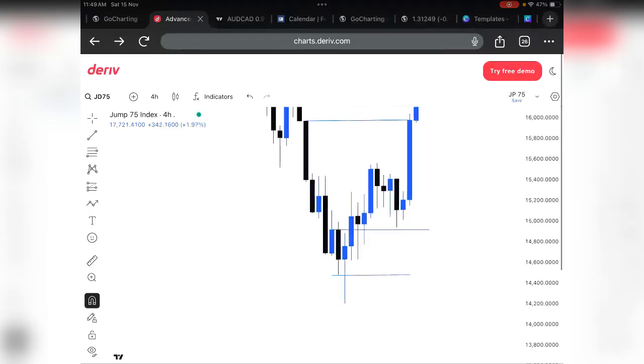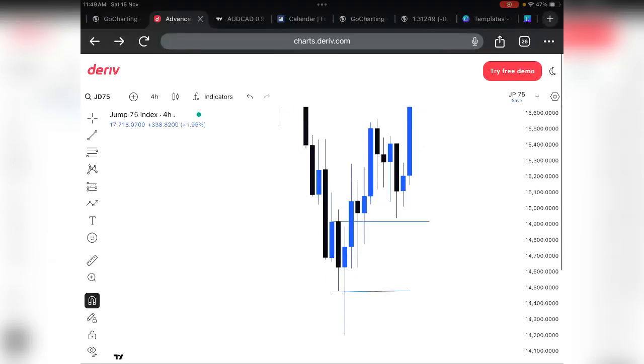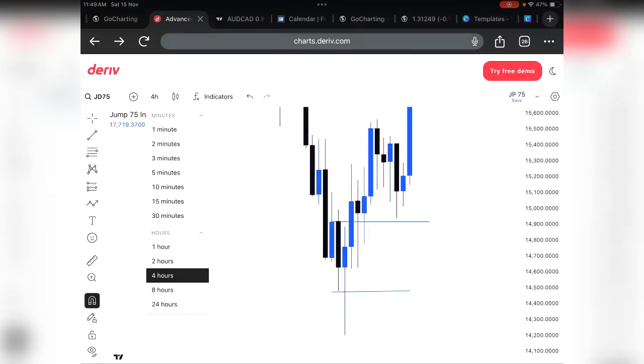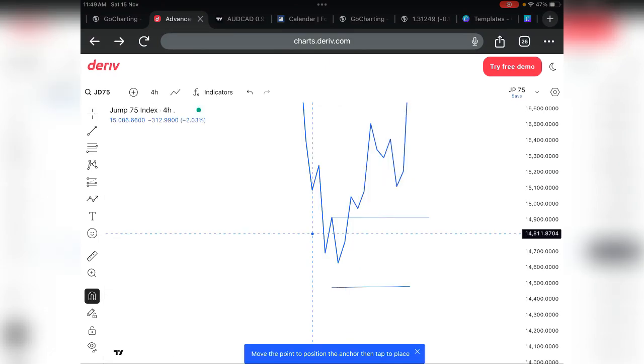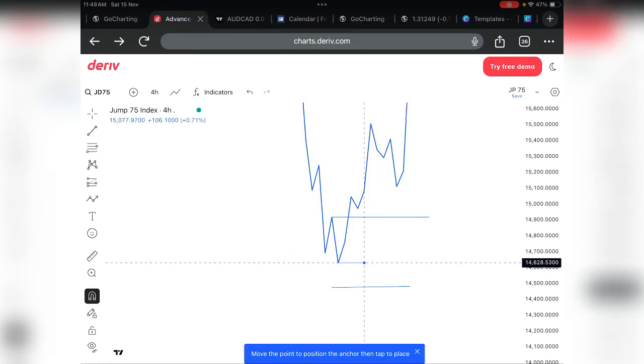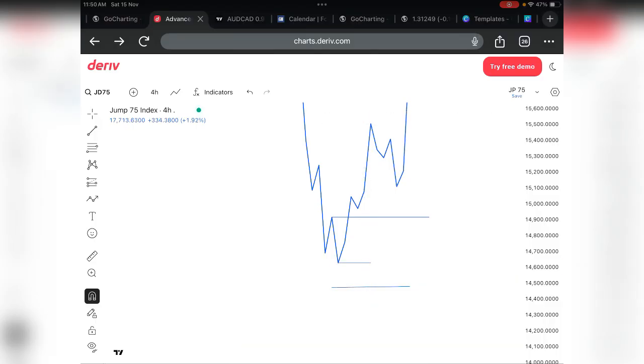Now, after the breakout structure, price retraced to this V-shaped key level here. Watch my previous video on key levels where I explained the types of key levels and what they are used for. So V-shaped key levels are used for buys, until proven otherwise.